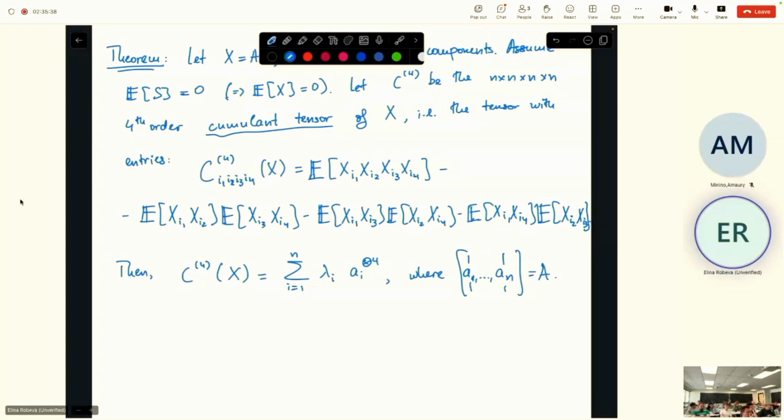In fact, it turns out that this scaling lambda_i is the fourth cumulant of S, the i-th entry of the fourth cumulant tensor of S.